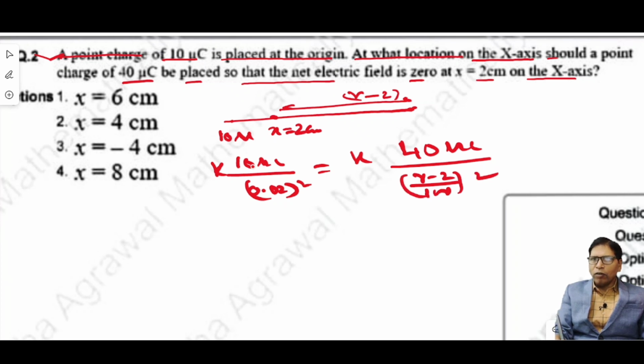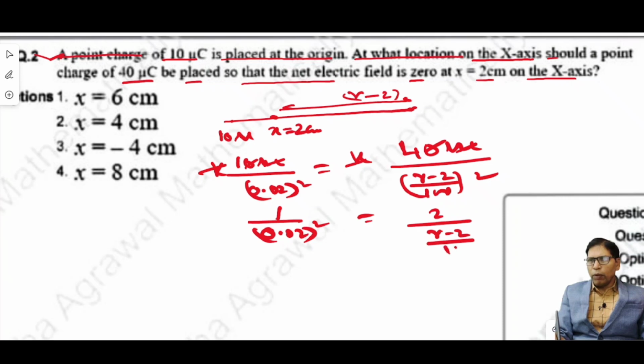Now the zeros cancel out, micro cancels out, k cancels out. So this can be written as 1 by 0.02 whole square equals 4 by (r minus 2 by 100) whole square.